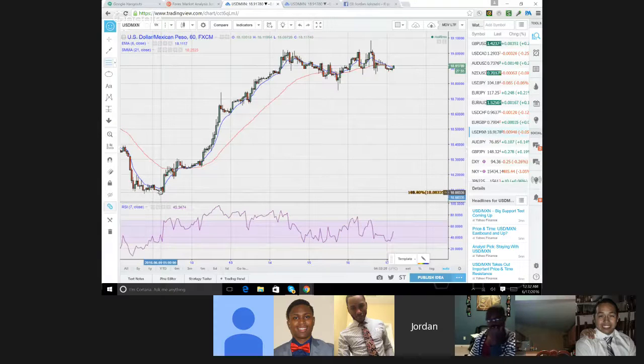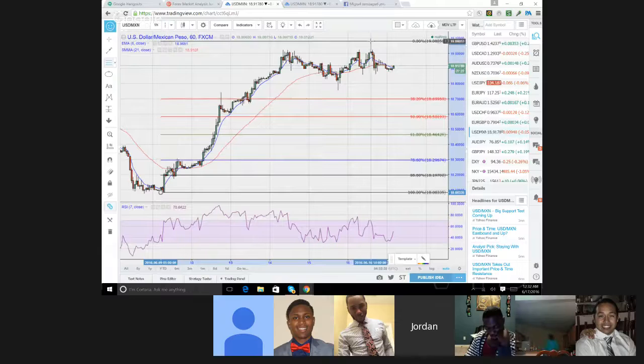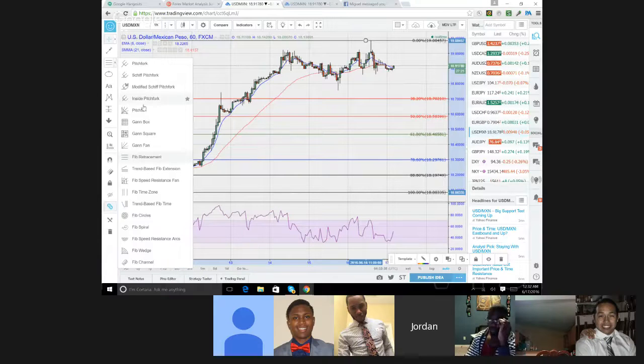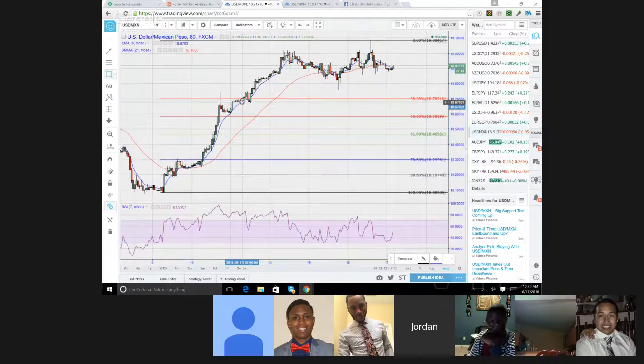I always draw Fibonacci from swing low to swing high, or vice versa, swing high to swing low. Noticing a very good structure level right in here at our 38.2, which is right here.